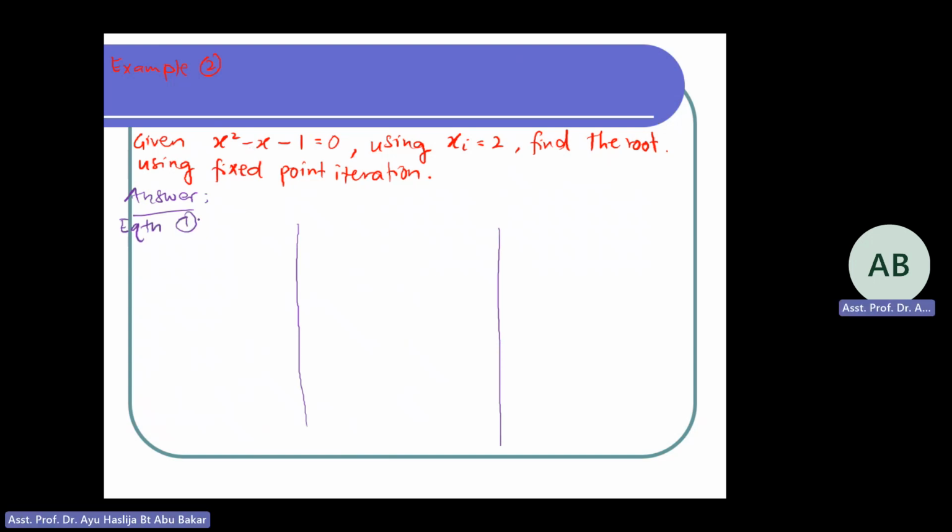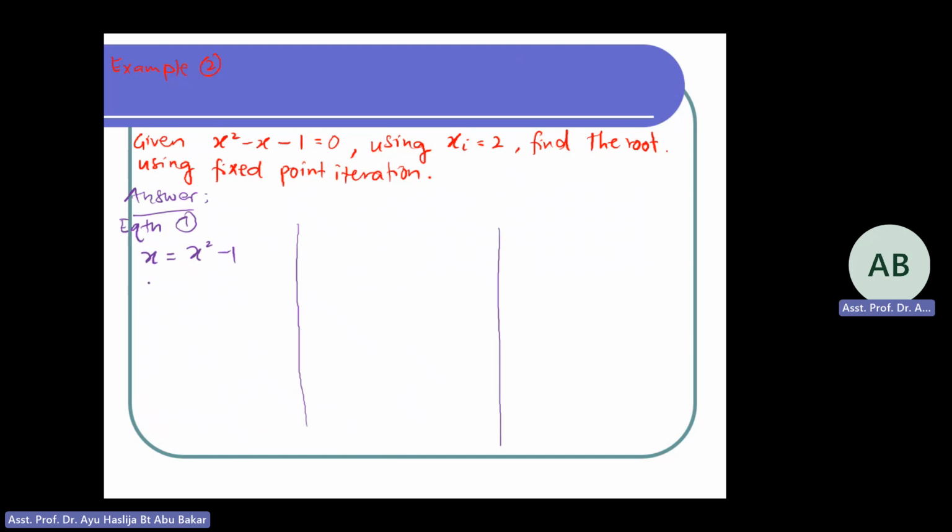Equation 1, most of you will rearrange straight away, this one, right? X equals to X power 2 minus 1. So from the original equation, you will rearrange to this. This is the easiest, the simplest.